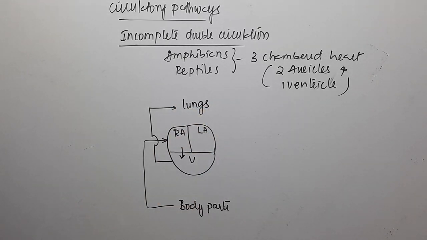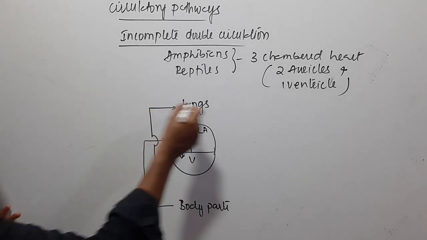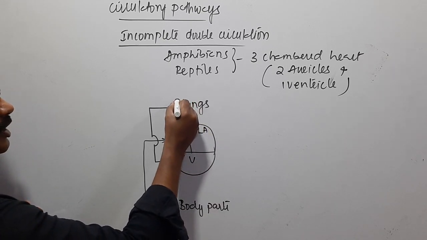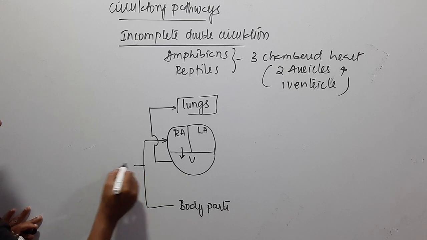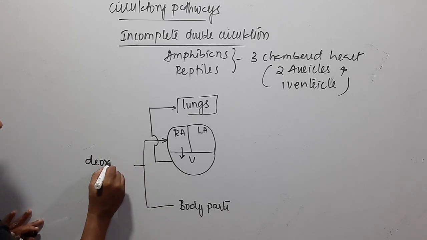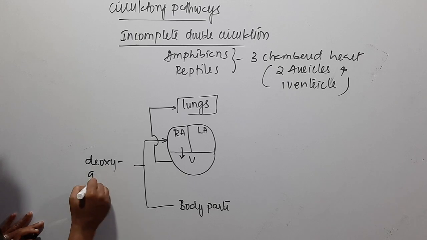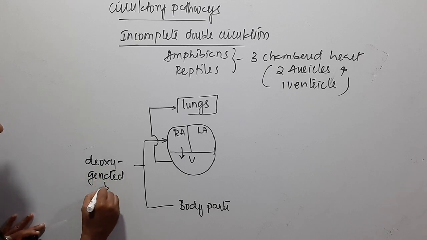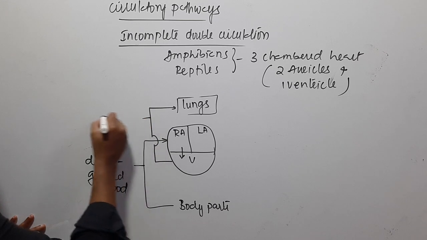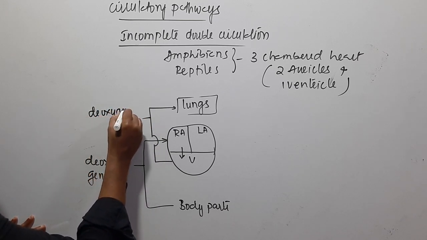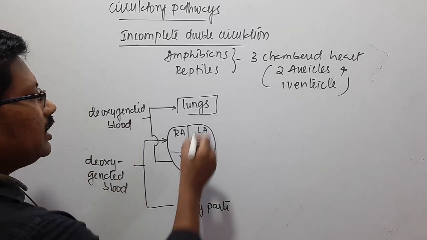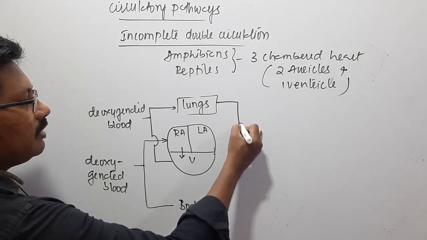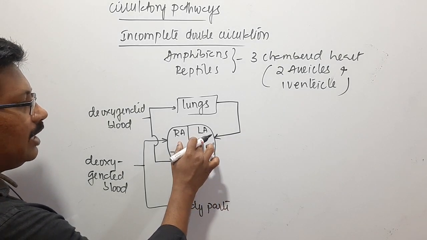In amphibians the skin is also involved, but here I'm just mentioning the respiratory organs, the lungs. The major veins carry the deoxygenated blood. From the lungs, the oxygenated blood will come back to the left auricle.